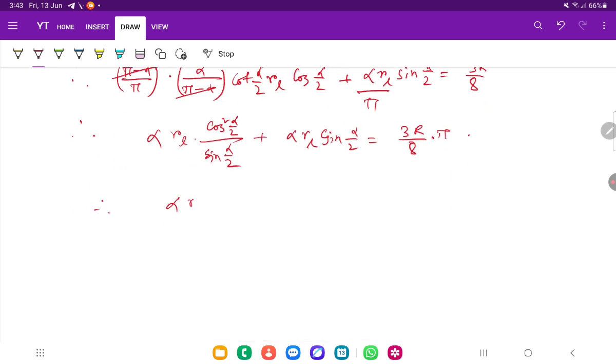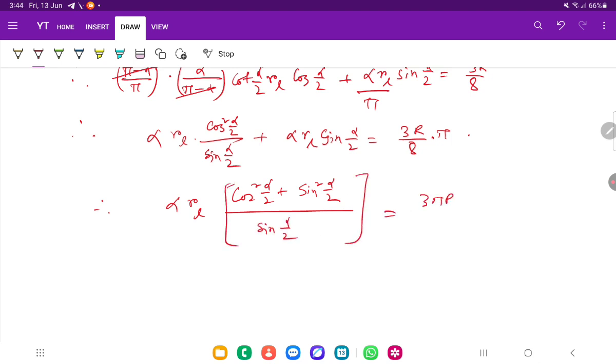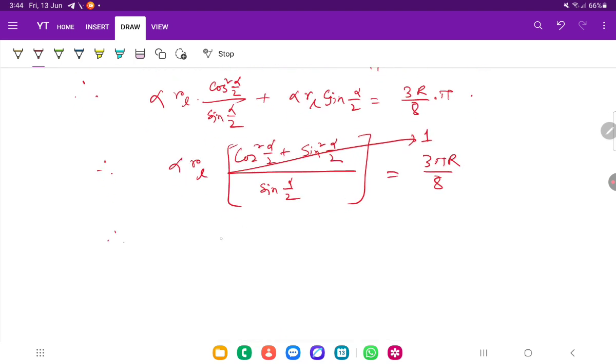So if you take α times RL common, it will be cos square α/2 plus sine square α/2 upon sine α/2 equals 3πR upon 8. This will be 1, cos square theta plus sine square theta. So RL will be nothing but 3πR sine(α/2) upon 8α.